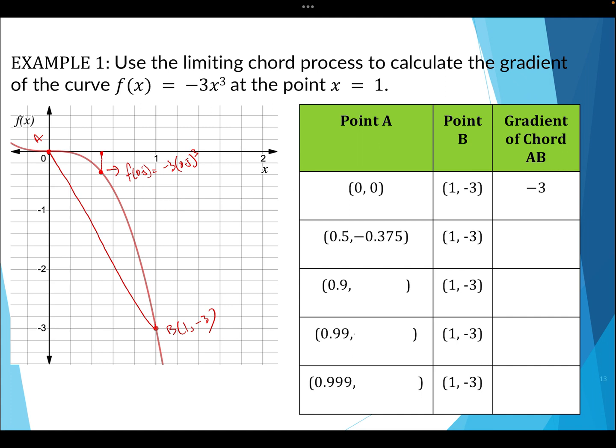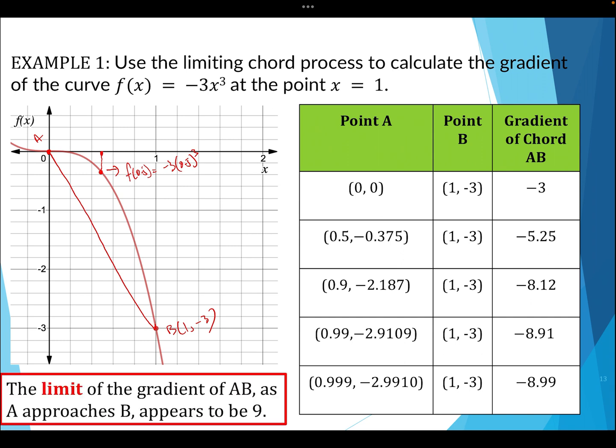Minus 3 times 0.5 to the power of 3 is minus 0.375. You can work out the gradient. Keep going until you get to 0.999. You can see that the gradient is minus 8.99. Or we can say the limit of the gradient of AB as A approaches B appears to be minus 9.